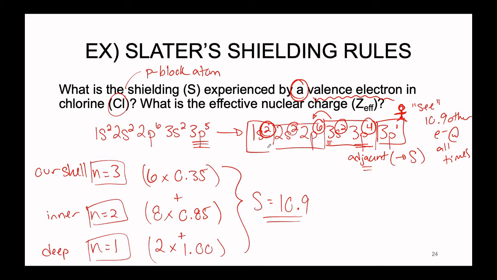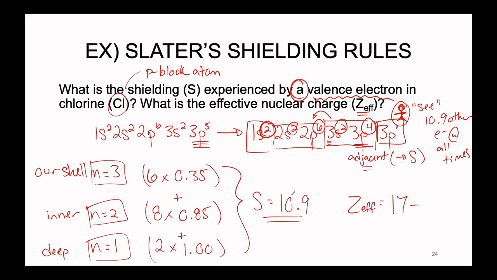All right, so now that we have our shielding factor, we can use this to calculate the effective nuclear charge that is experienced by this electron that we're hanging out next to. Our effective nuclear charge is going to be equal to the atomic number Z for the element of chlorine, which is equal to 17.